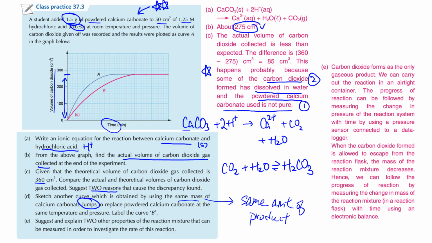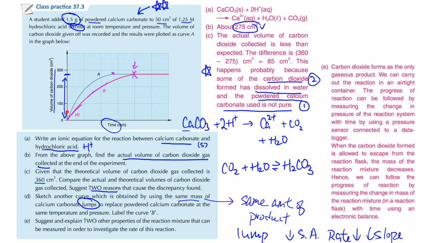That means the reaction will be slower because we have decreased the surface area, so the rate will be decreased. Lower rate means less steep slope. So you can see that we are using a less steep slope, and it also ends later compared to the original one. Therefore we have a curve like the one mentioned here.